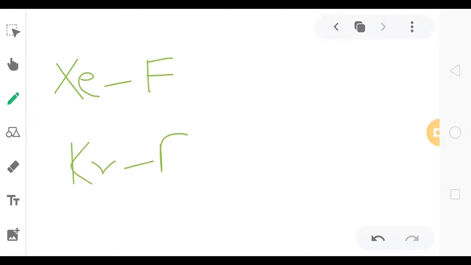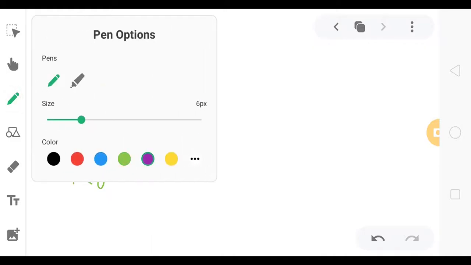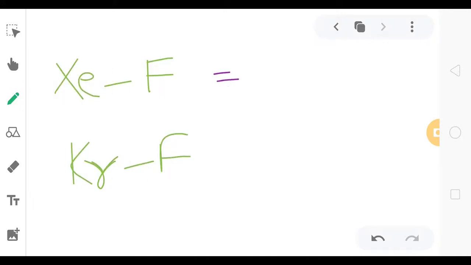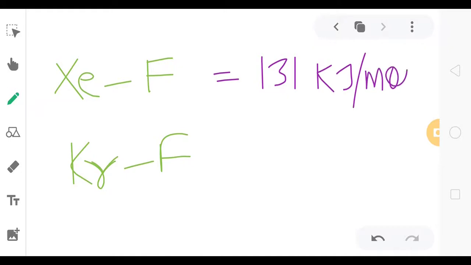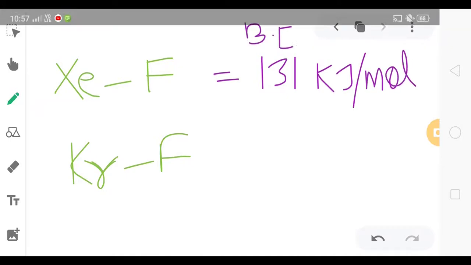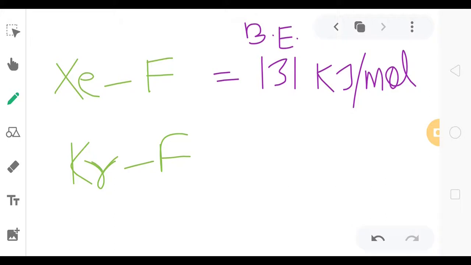Okay, one more thing, the bond energy comparison: which is stronger, the xenon fluorine bond or the krypton fluorine bond? Let me tell you the data. The xenon fluorine bond energy is 131 kilojoules per mole. Bond energy means the amount of energy you give to the molecule so that the particular bond will get broken.